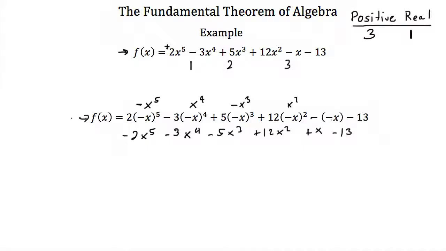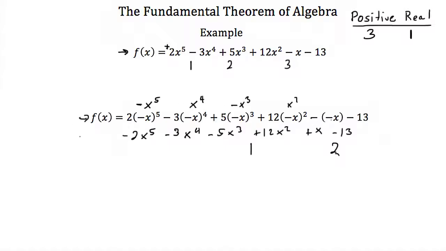So now that we've simplified that, let's count our sign changes. We have a negative 2 and a negative 3. Those are the same sign. Then we go to a negative 5. Again, that's the same sign. But from a negative 5 to a positive 12, we have 1 sign change. From a positive 12 to a positive x, those are the same sign, so that's not a sign change. Then a positive x to a negative 13, that would be our second sign change.